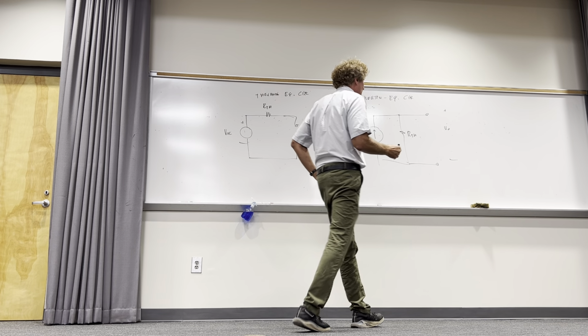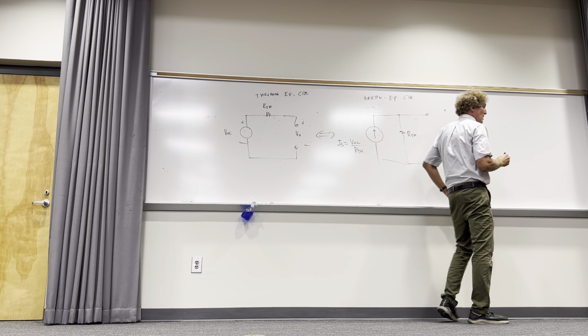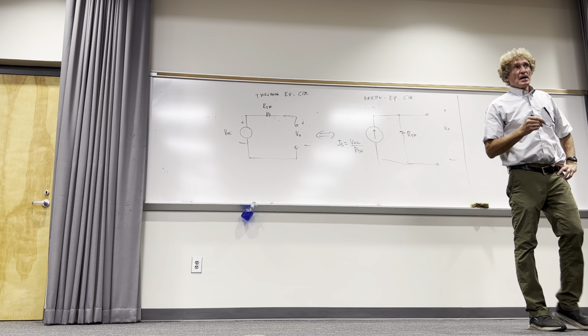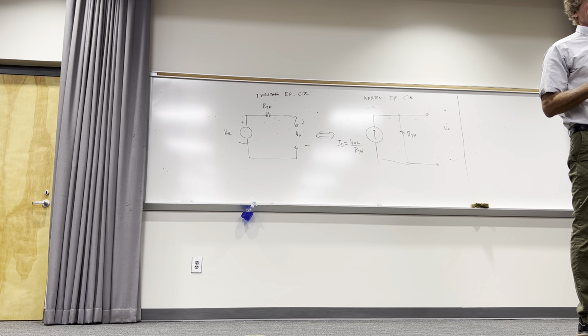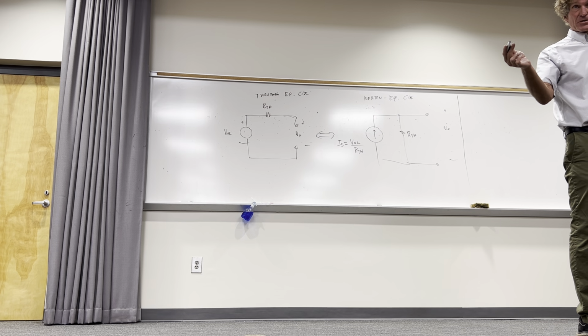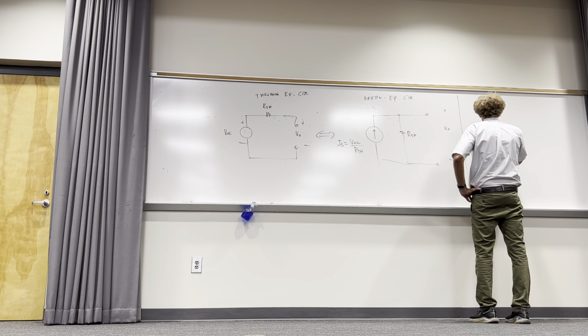So I'm going to come over here and kind of work from our last example. Last time we had an open circuit voltage of, was it 14 volts? Is that right? For the problem we just did? Okay. So I'm going to show you this. So here we have 14 volts.